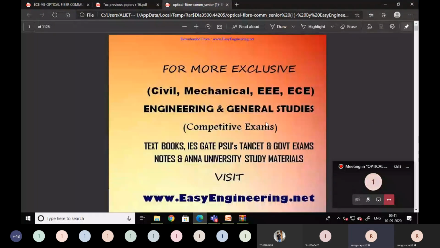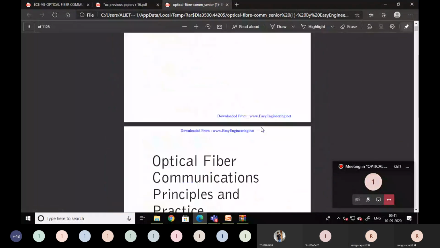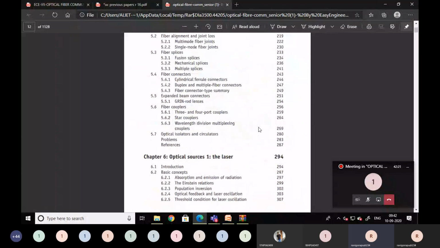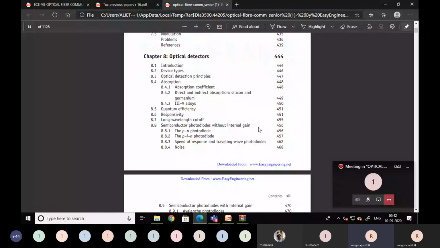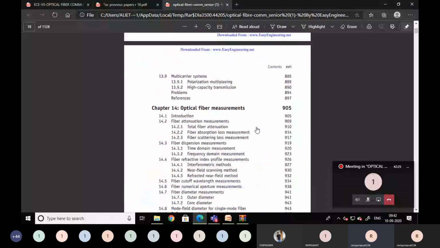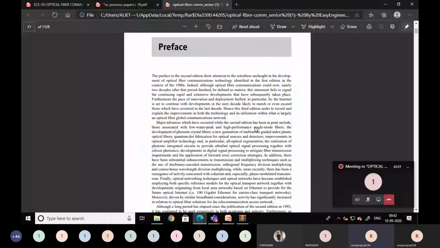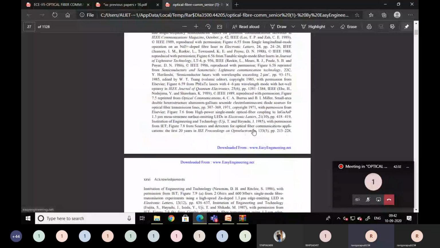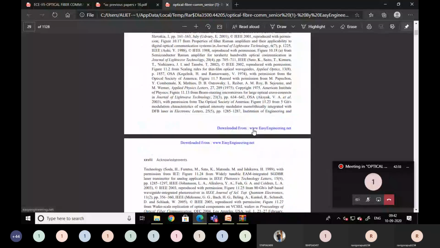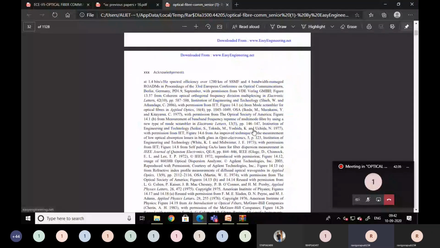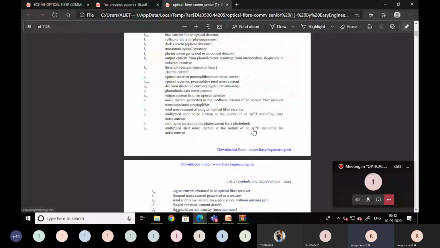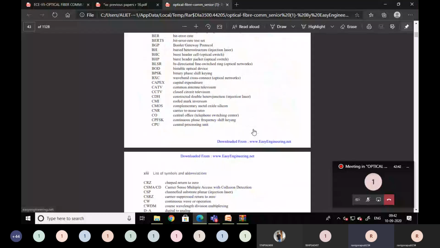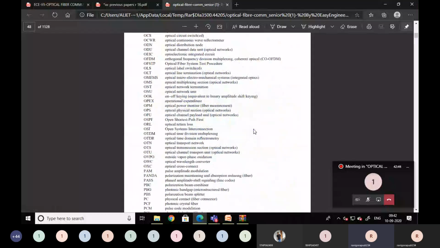In this, I want to show the frequency spectrum. That's why I opened this one. If you want, you can download it freely from Google. John M. Senior is the prescribed textbook, and another is Keiser. Both are the same, both are for optical fiber communication systems. So here we have this question's answer directly. That's why I'm showing this one.